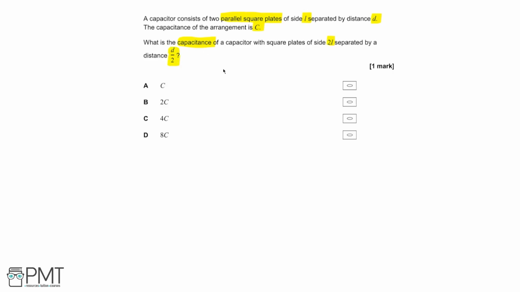In order to answer this question, it is helpful to consider an equation that gives the capacitance in terms of the geometric properties of the capacitor, specifically that the capacitance is equal to epsilon naught, the permittivity of free space, which is a constant, multiplied by epsilon r, the relative permittivity of the material within the capacitor, which in this case we don't need to worry about, the area of the two plates, and the distance separating the plates.